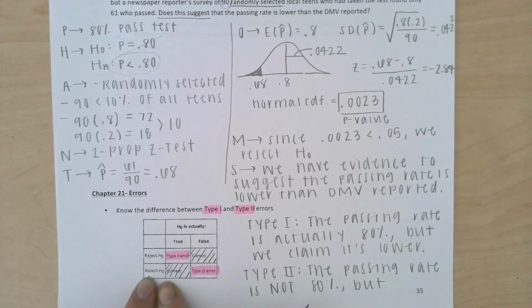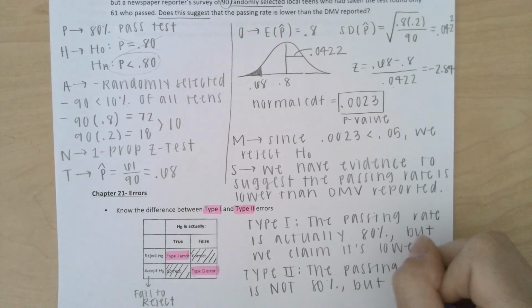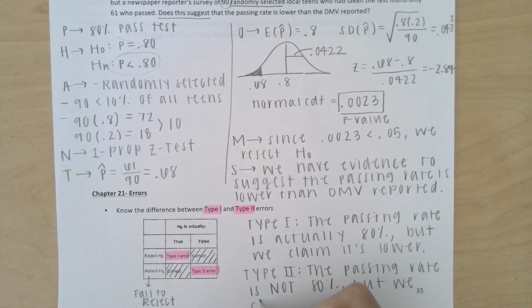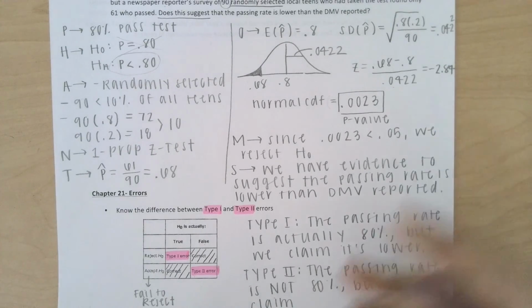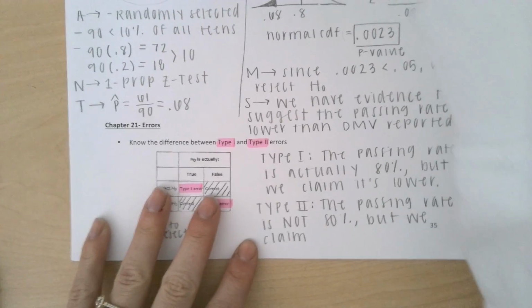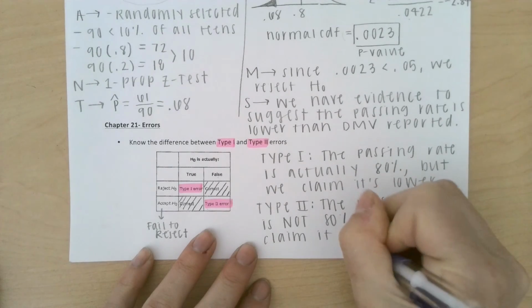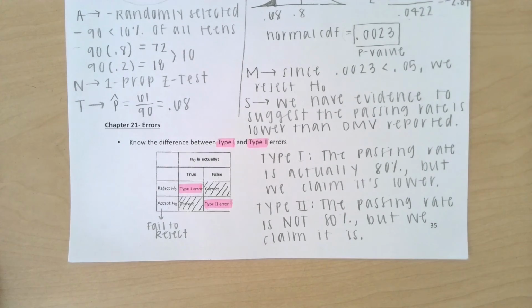But we are going to claim that it is. So with a type 2 error, the DMV would be wrong, right? They would say it's actually not 80%, it's less than 80%, but we would say, nope, based on our test, we think that the DMV is correct.